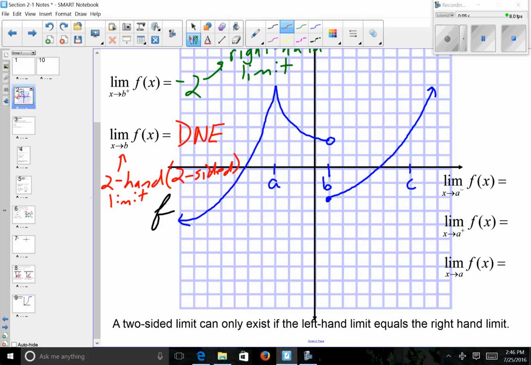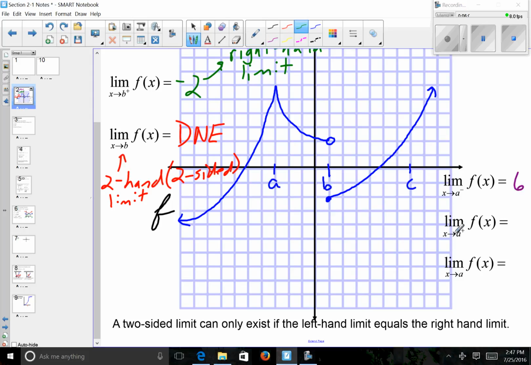To get a better idea of what happens with a two-sided limit, let's take a look at x approaching a. So if we first find our left-hand limit of f as x approaches a from the left, we're coming from the left-hand side, y is 1, 2, 3, 4, 5, 5.5, 5 3/4. It's looking like 6.